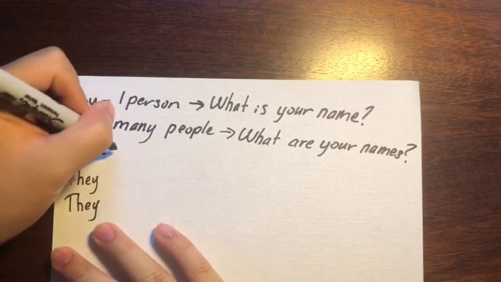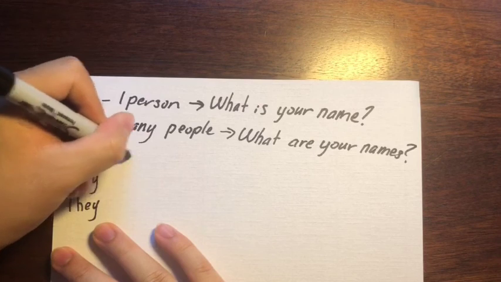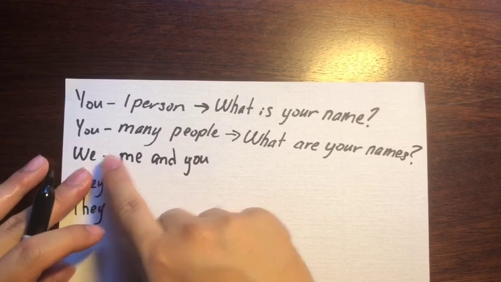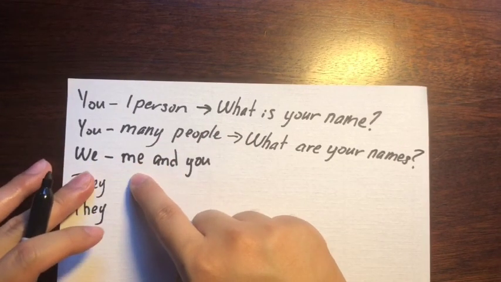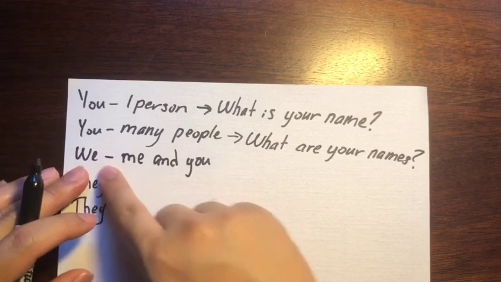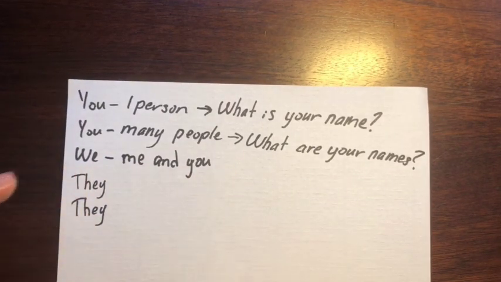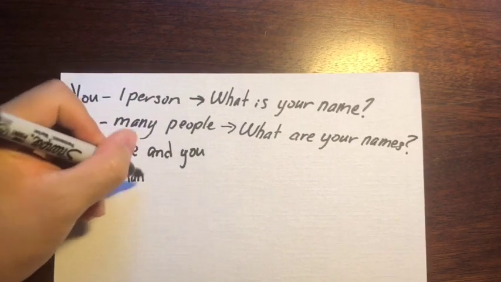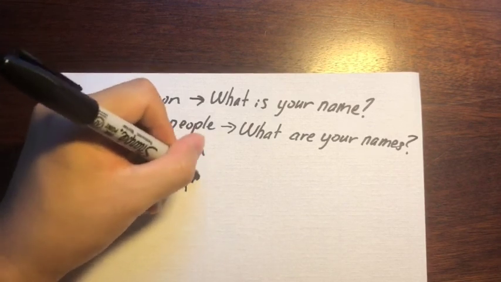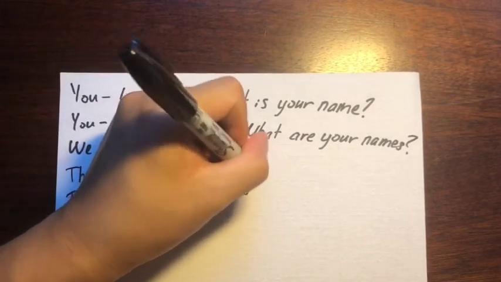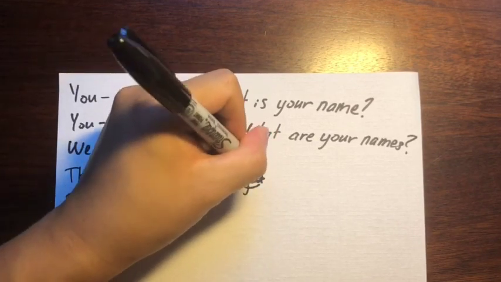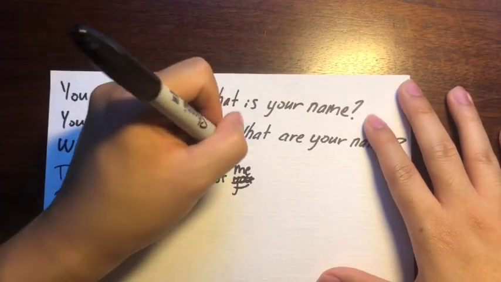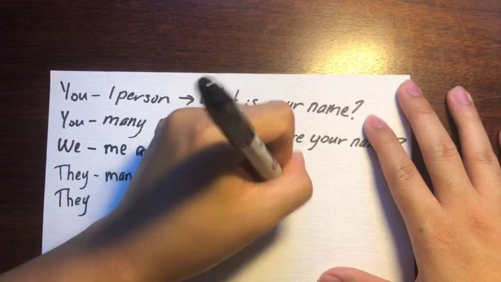We use we for me and you. So when we use we, we are talking about many people, but there's also me. So we, me and you, we live in Georgia. They means many people, but not me, and not me or you.